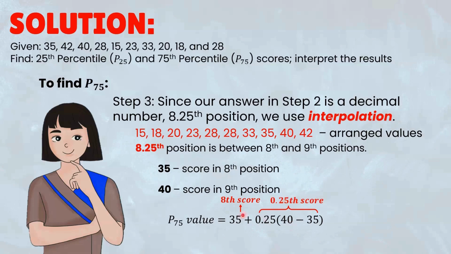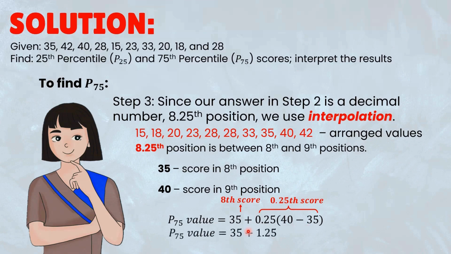So 8 plus 0.25 gives us 8.25. So the 8.25th score corresponds to the 8.25th position. Okay. The 0.25 in our 0.25th score came from the decimal part of our answer in step 2, which is 8.25. So we took the 0.25 part for our 0.25th score. And of course, 40 is our 9th score and 35 is our 8th score.